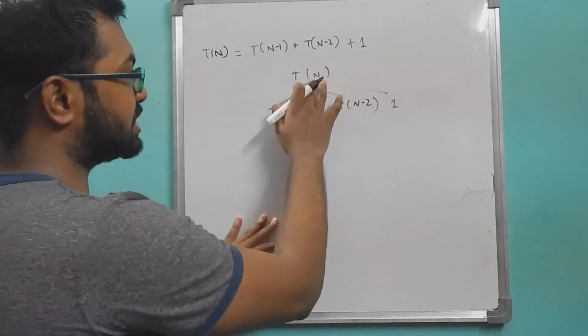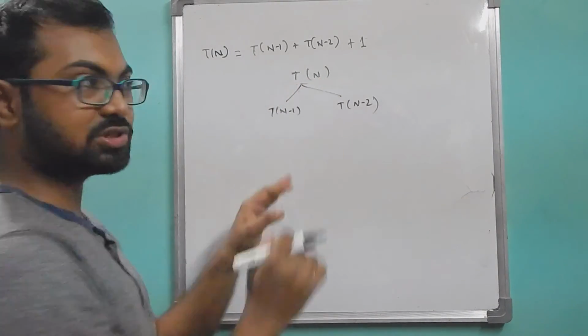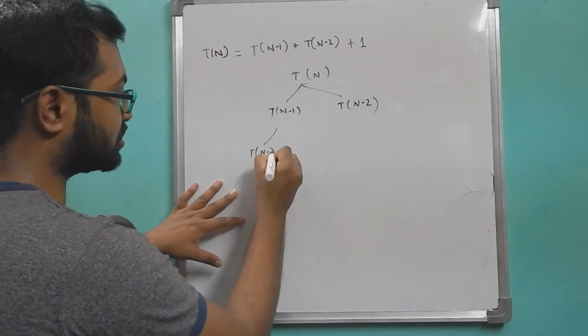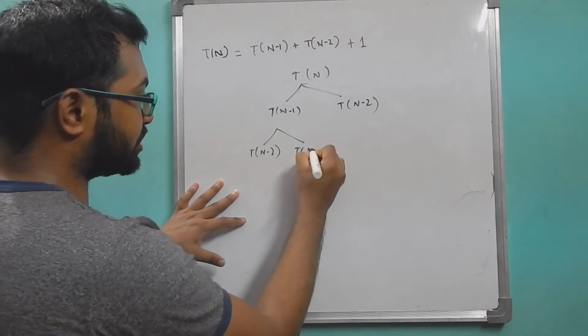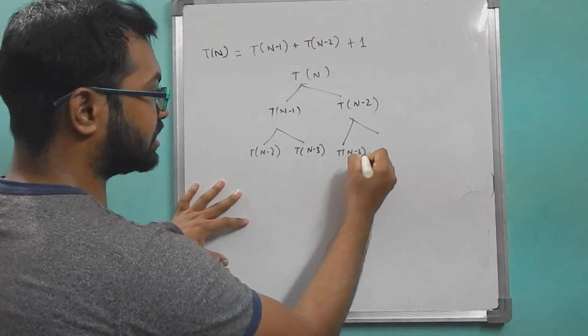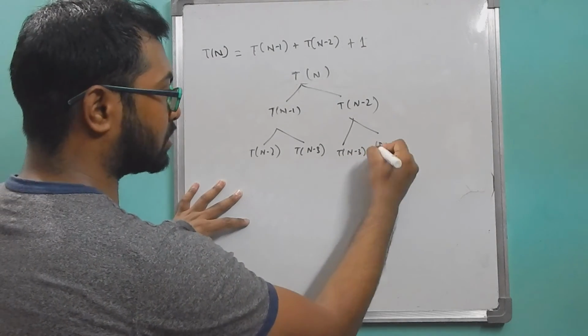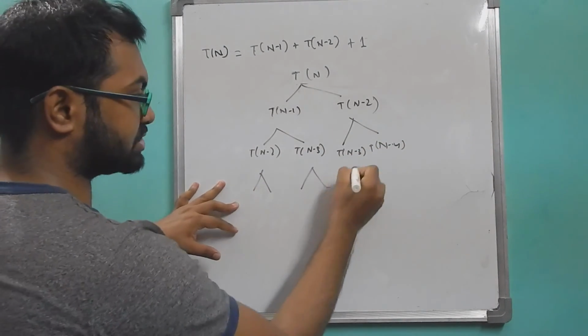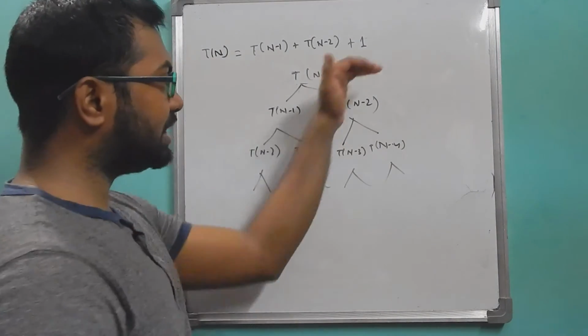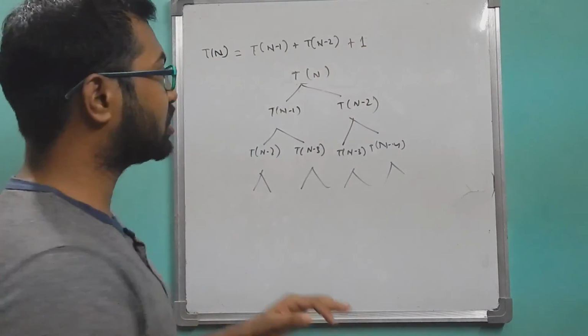But let's ignore the constant for now and focus on this. N minus 1 again calls T of n minus 2 and T of n minus 3. Similarly, the other one calls n minus 3 and n minus 4. And similarly, these things branch out, right? So you can see how many levels deep this tree goes.